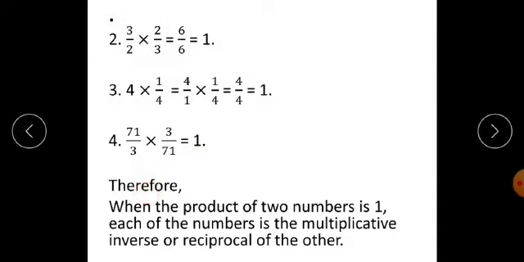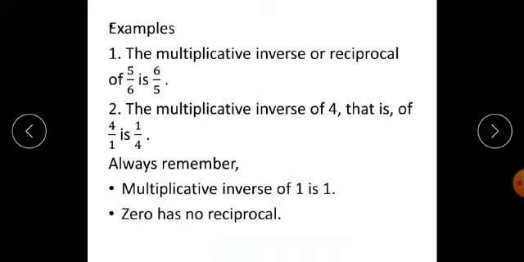Therefore always remember, when the product of two numbers is 1, each of the numbers is the multiplicative inverse or reciprocal of the other. For examples, the multiplicative inverse or reciprocal of 5 upon 6 is 6 upon 5.